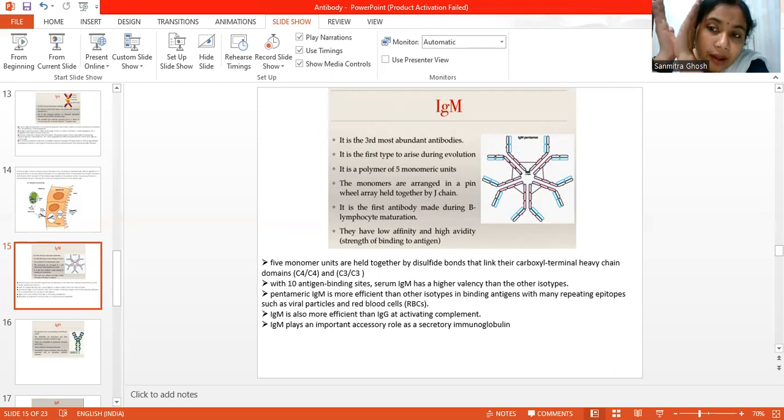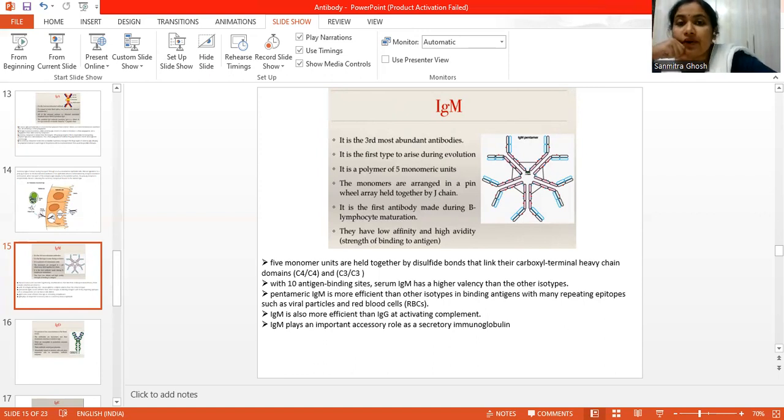So the insertion of the antigen and interaction of the antigen with the Fab arm is restricted. It is not as flexible as the IgG. Since the movement of the arm is restricted, the affinity is not as high as that of IgG.